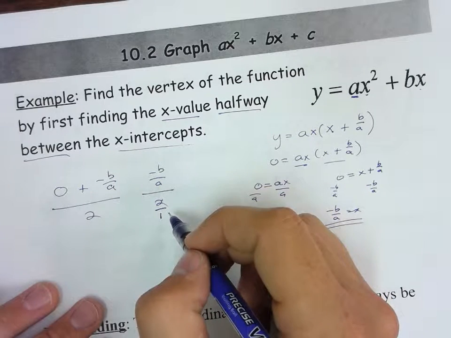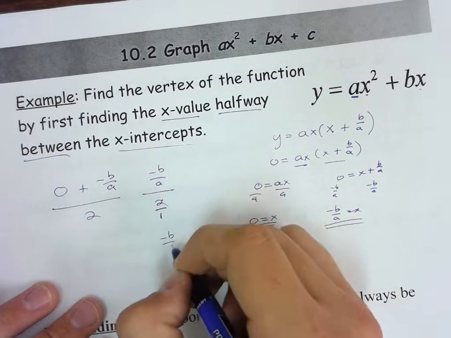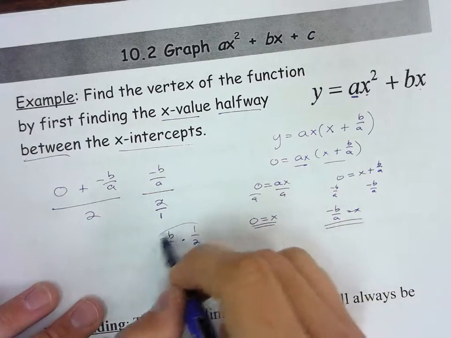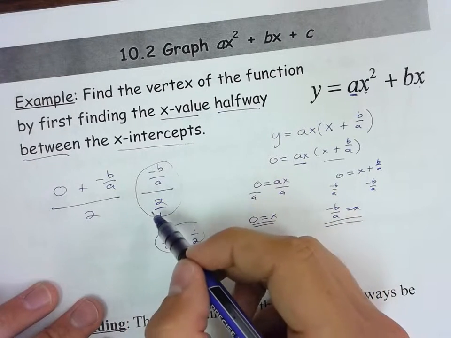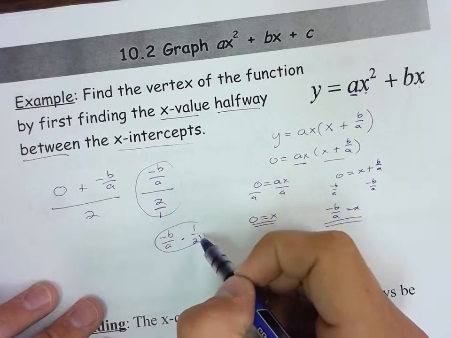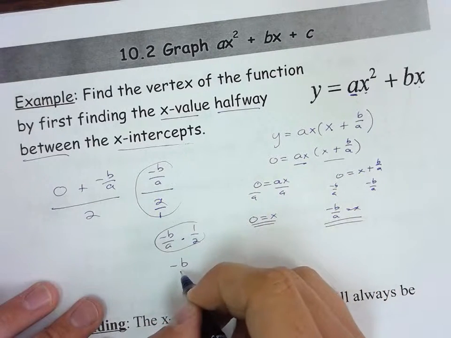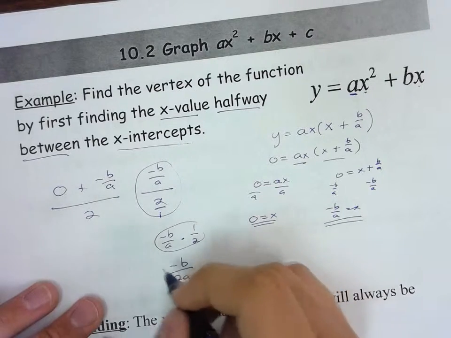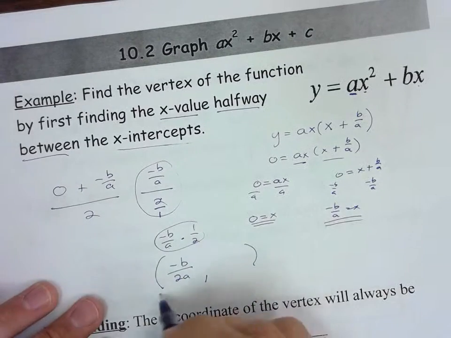When I divide by a fraction, we multiply by its reciprocal. So I have negative b over a times 1 over 2. This and this are exactly the same. Divide by a fraction, so multiply by its reciprocal instead. Multiply straight across. Negative b over a times 2 is 2a. Now that is the x-coordinate of my vertex.